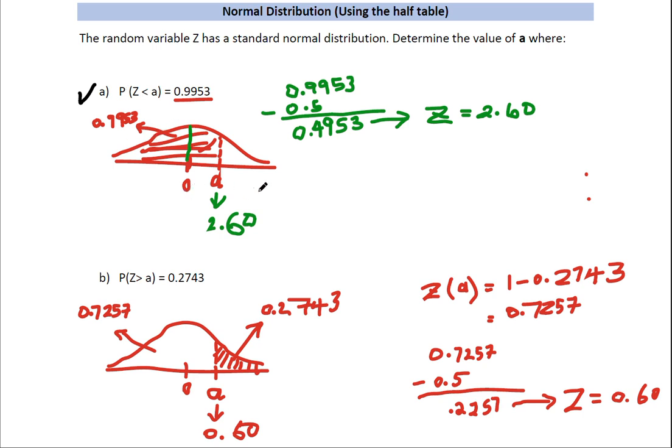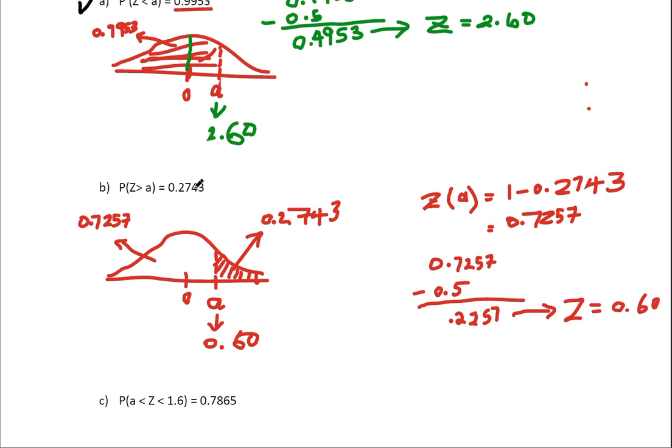Less than a positive value, as we saw here. It's greater than a positive value. You have to do a little bit more, first subtracting the given probability from 1 to get the probability of the area to the left, and then taking 0.5 from that probability and searching for the result on the standard normal table to see what the z-score is. So that's the answer.